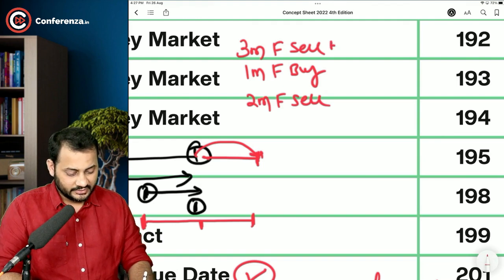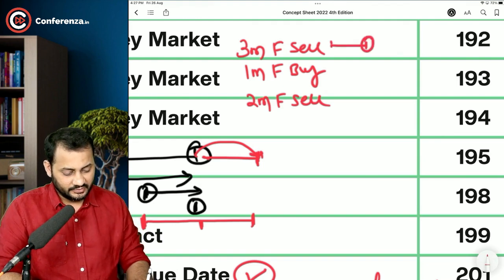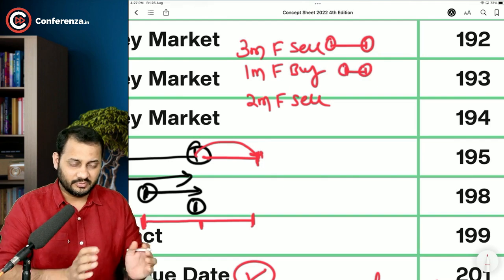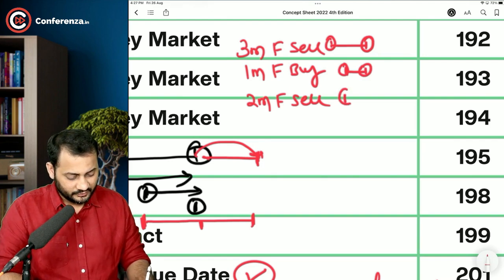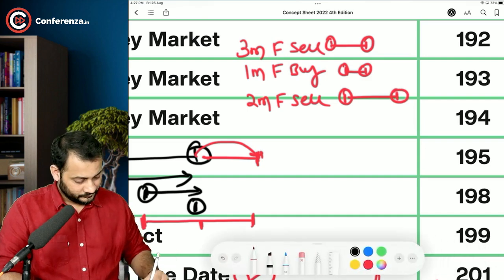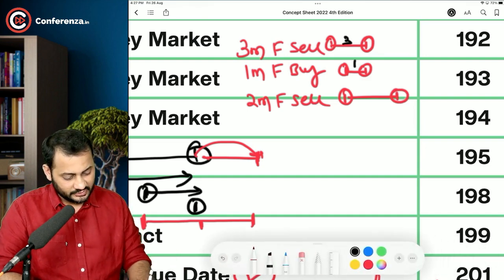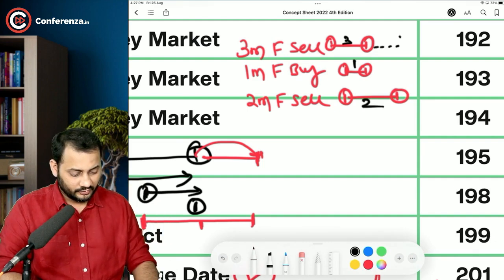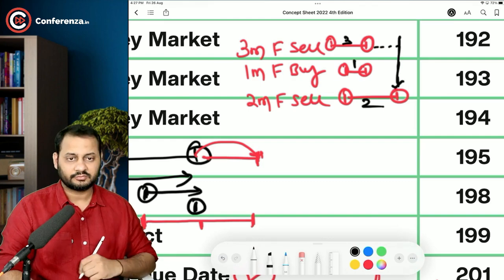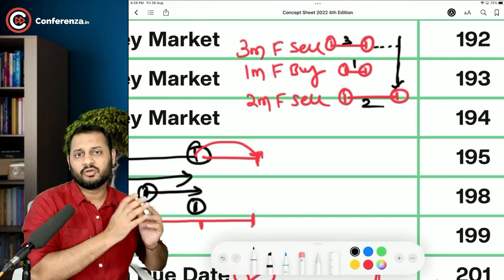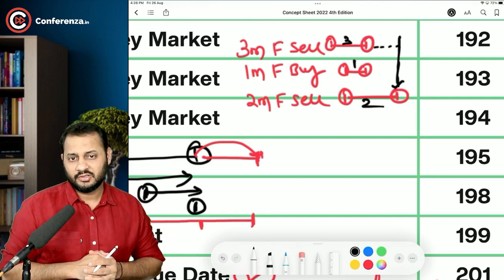So let's say this was expiring on this date, and this will be cancelled in a gap of 1 month, and this will be extended by 1 more month. So this was 3 month, this is 1 month, this is 2 month, because you want to deliver on this date, right? So 1 month for the original due date and 1 more month for the extension period, and that's it.